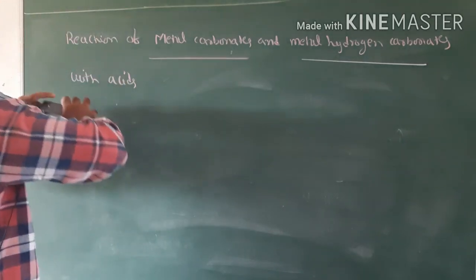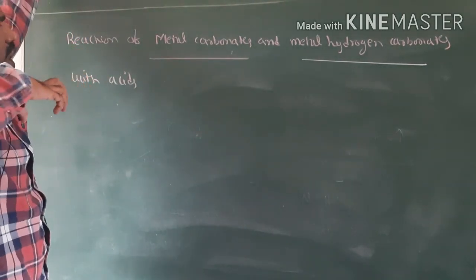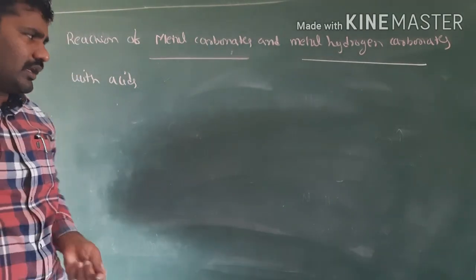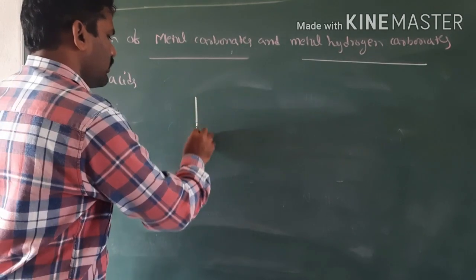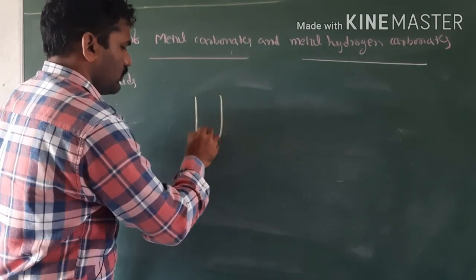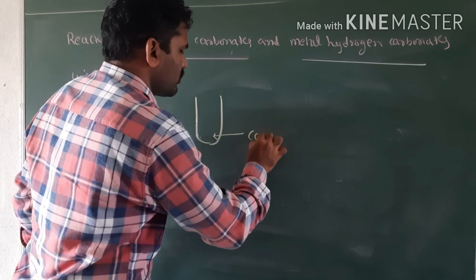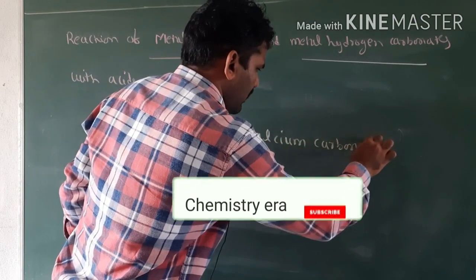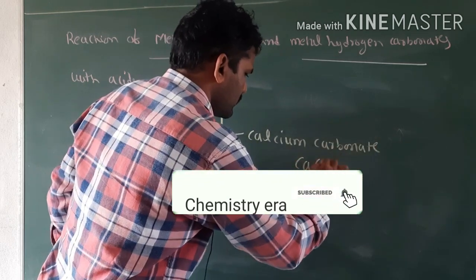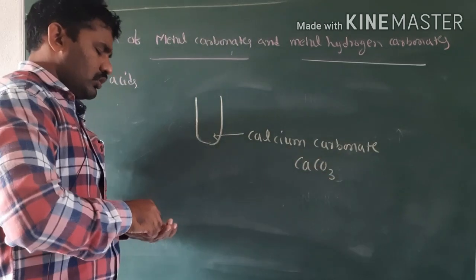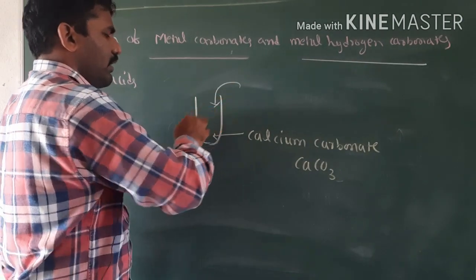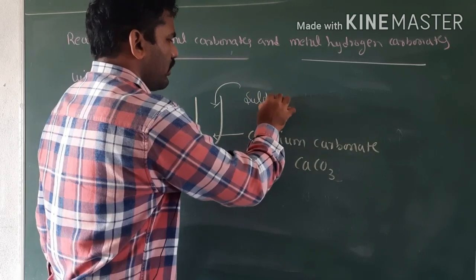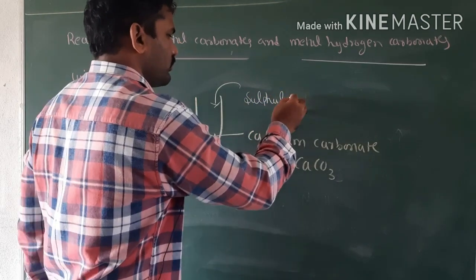Now, let us try to understand what happens when metal carbonates or metal hydrogen carbonates react with acids. In order to understand that, let us do a simple lab activity. In a test tube, take a small amount of calcium carbonate, CaCO3, to which add dilute sulfuric acid.